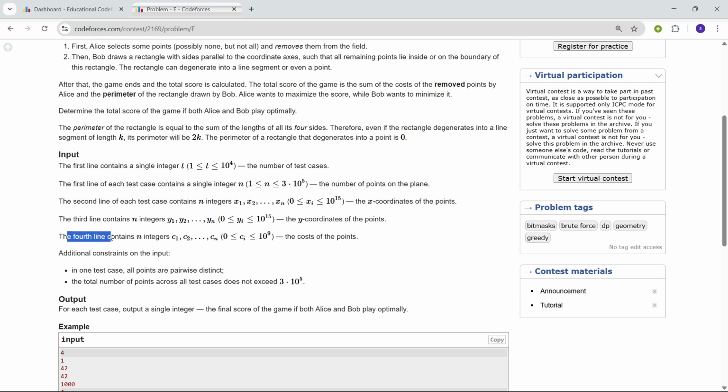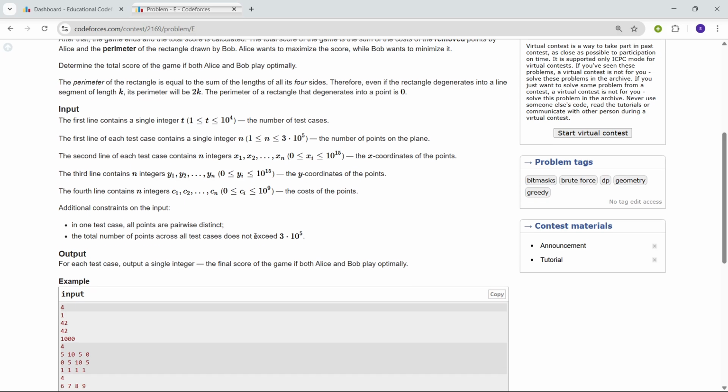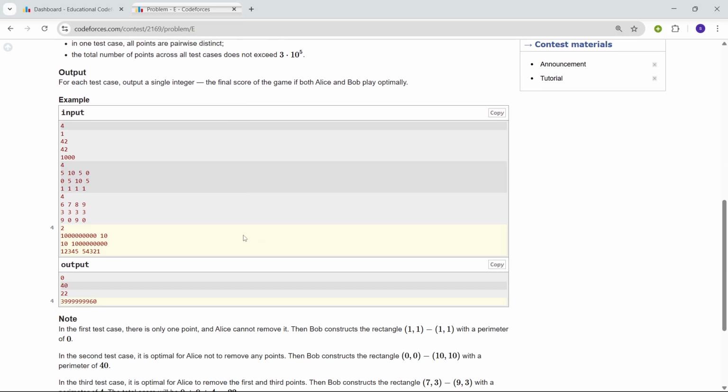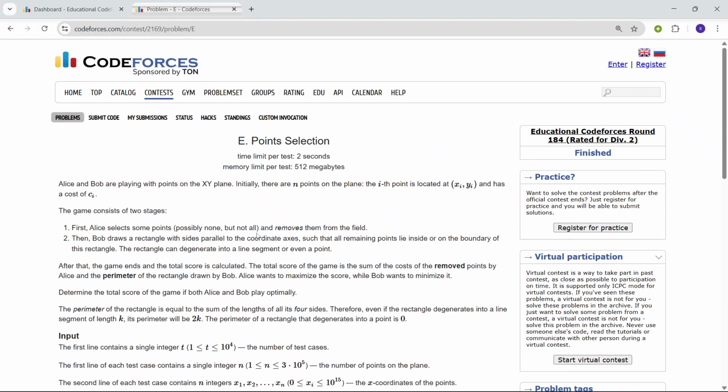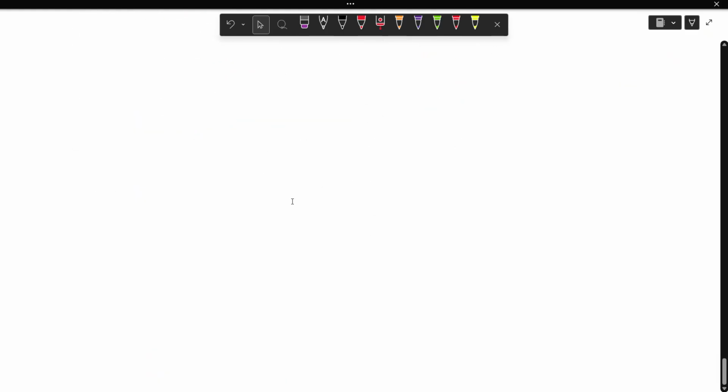And the fourth line contains n integers, which are the costs of each point, bounded by 10 to the power 9. These are some possible test cases, and I think we can go through them. So I think this makes the problem a little bit clear.